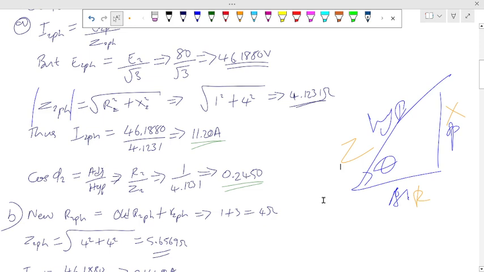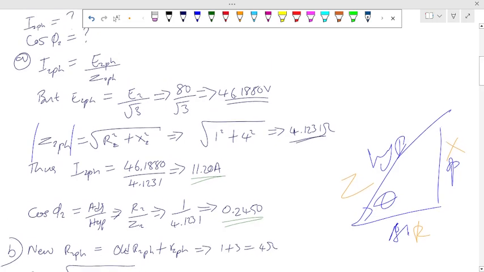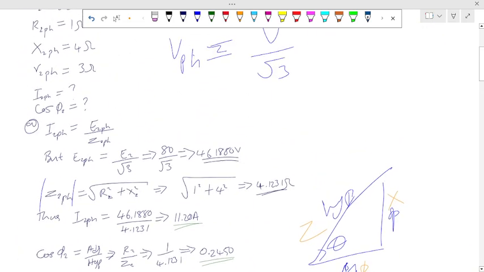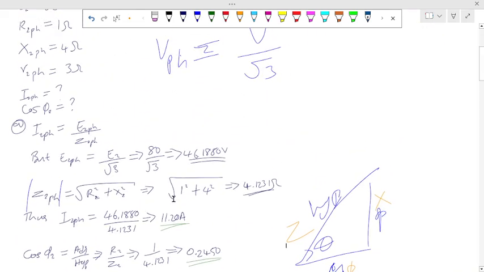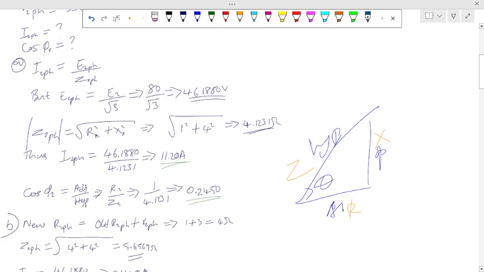Since cos phi is adjacent over hypotenuse, the adjacent is the resistance, which is 1, and the hypotenuse is the impedance, which we've calculated as 4.1231. So you put that in and you get your power factor. Answer done.